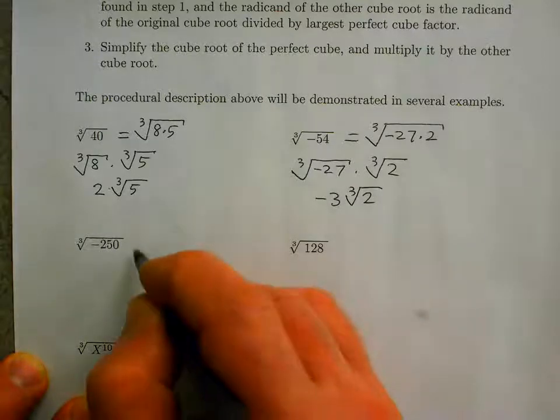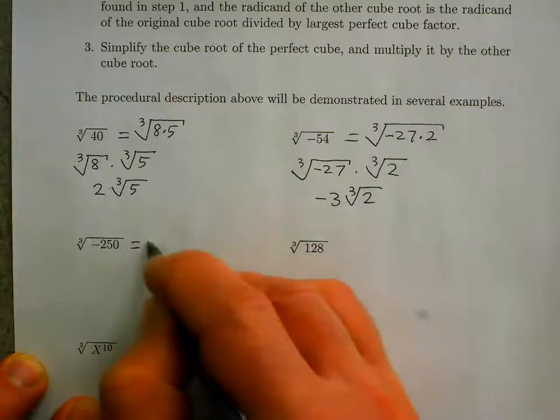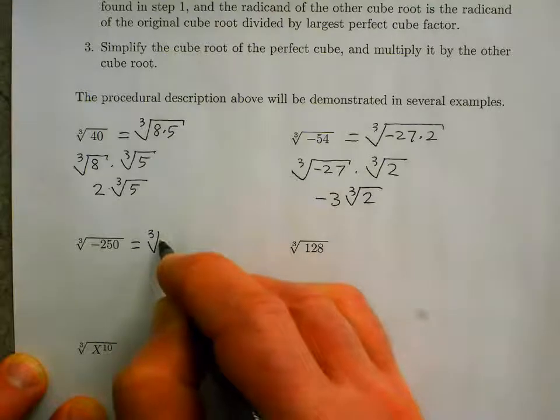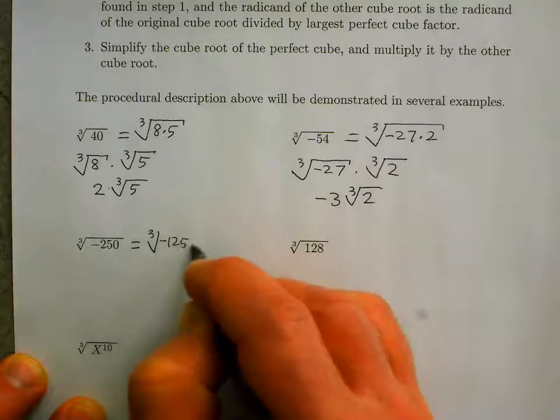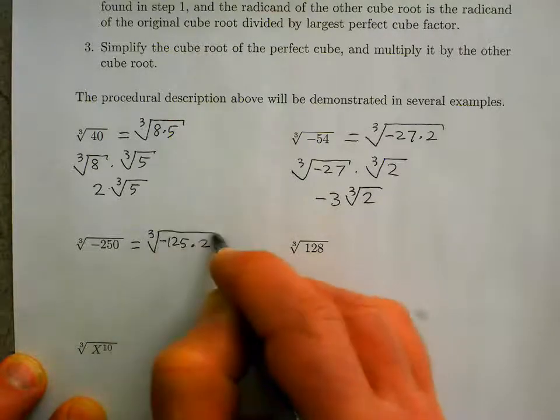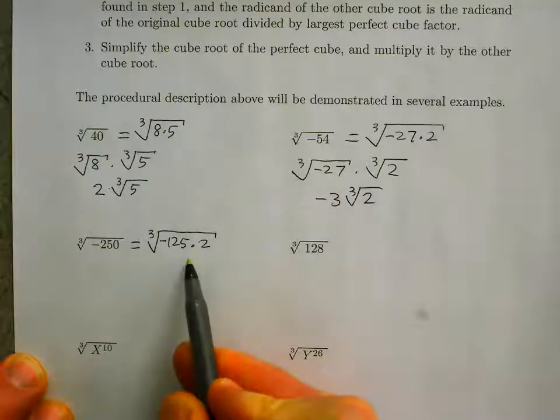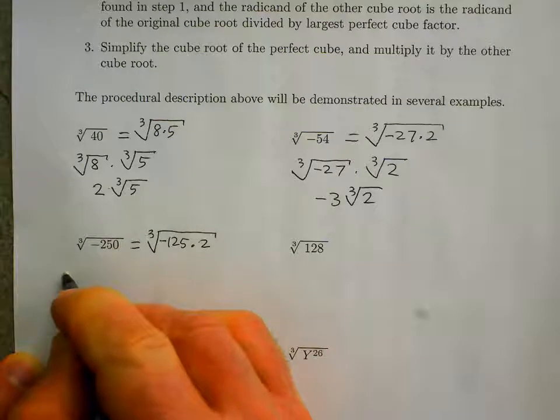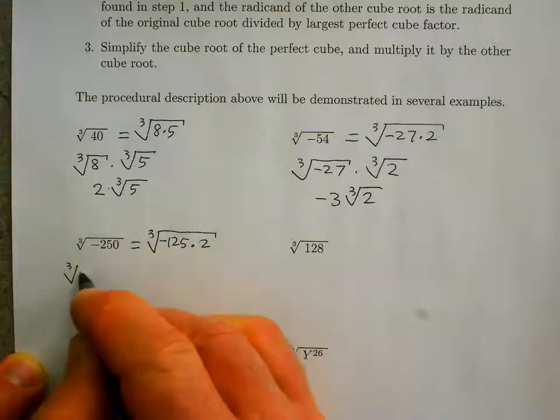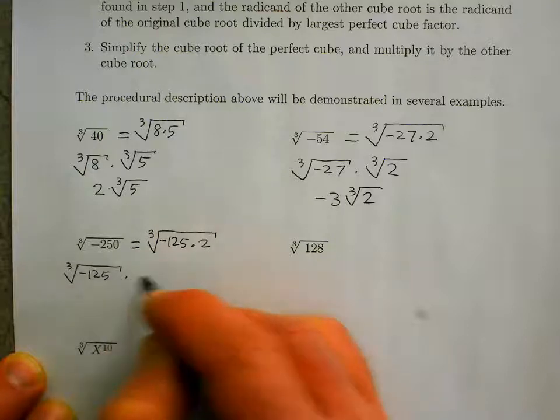So we'll rewrite this as the cube root of negative 125 times 2. Then use the product property of radicals to write this as the cube root of negative 125 times the cube root of positive 2.